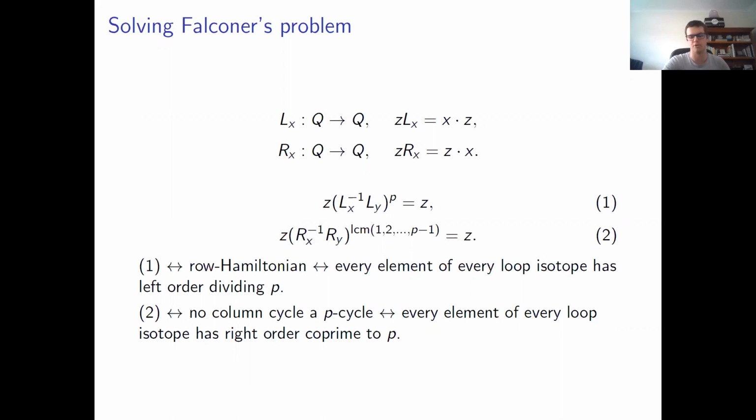And we did this by using our Latin squares. For the Latin square LP, we have shown that LP is row Hamiltonian, and we've also shown that no row permutation of the 3-2-1 conjugate of LP is a P cycle. And it's a simple step to go from our Latin square LP to a Latin square which is the multiplication table of a loop, which is row Hamiltonian, such that no column cycle is a P cycle.